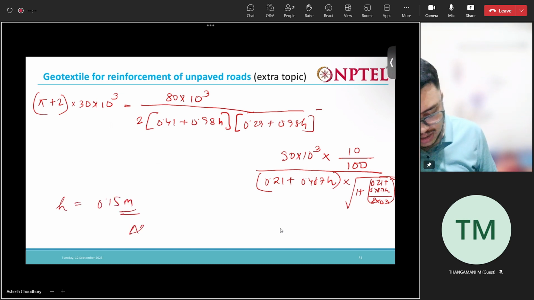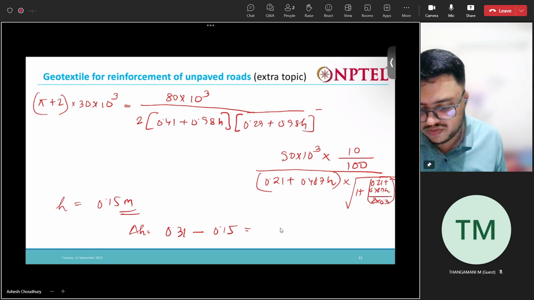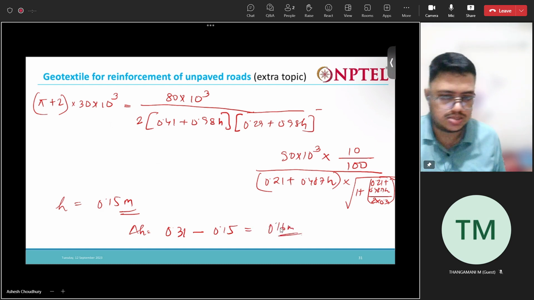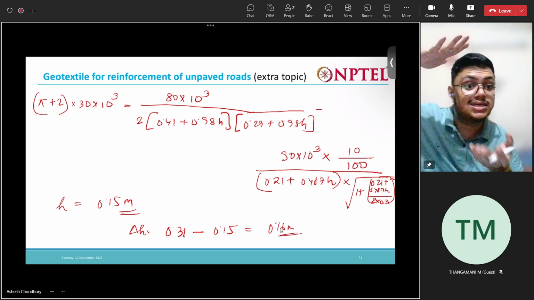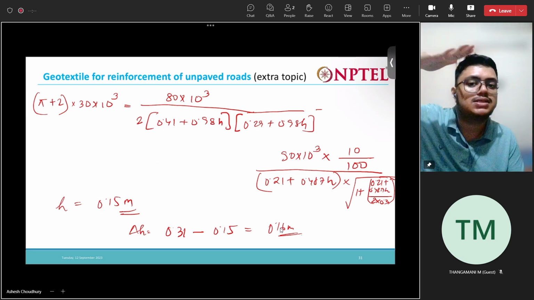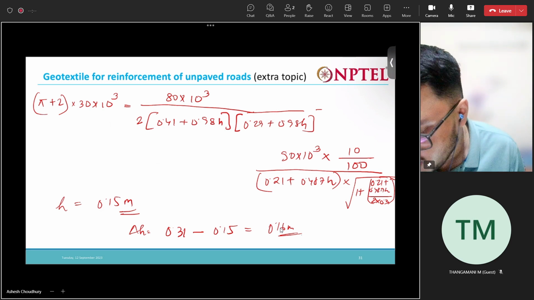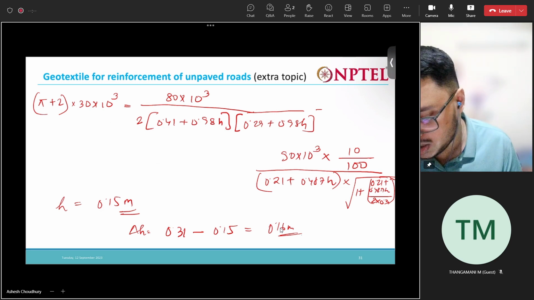So from 0.31 it gets reduced to 0.15 meter. So almost by 50% it's getting reduced, by 0.16 meters. So thickness is reducing by a lot. This will save us a lot of cost. So just by using geotextile, we are saving a lot of cost.